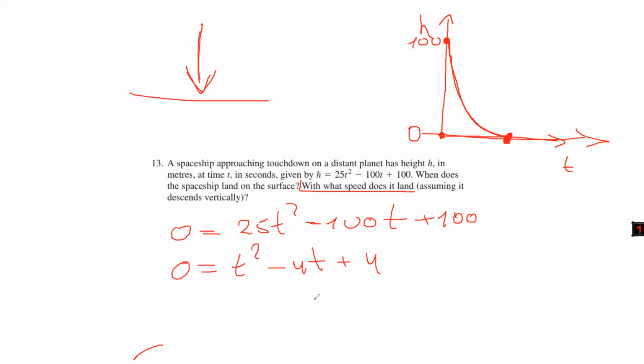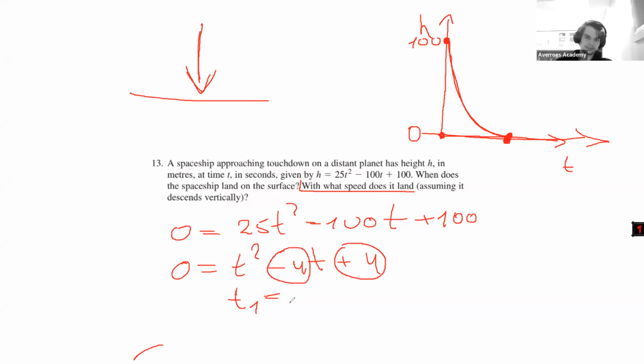And then product and sum. So t1 would equal 2. This is the product and this is minus the sum. So, 2 and 2. You can double check it, but we see that the solution is single, that it's going to reach the ground after 2 seconds.